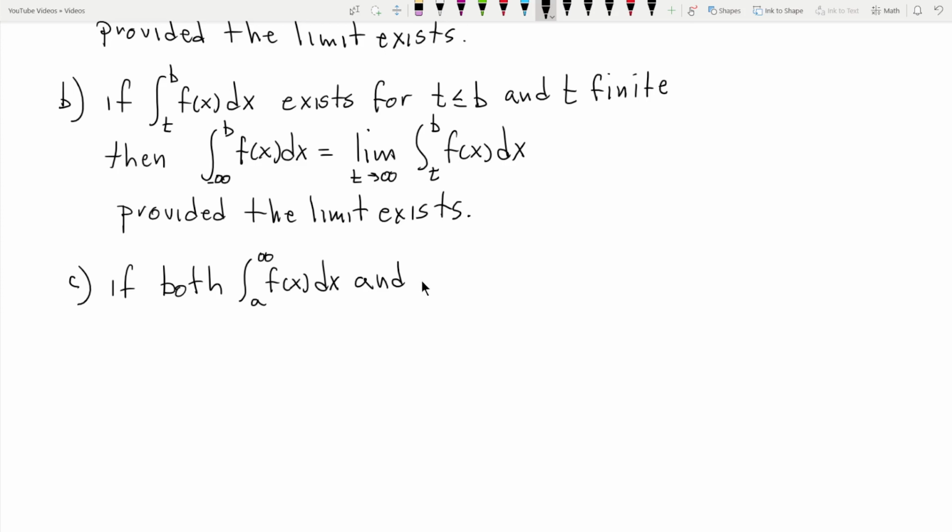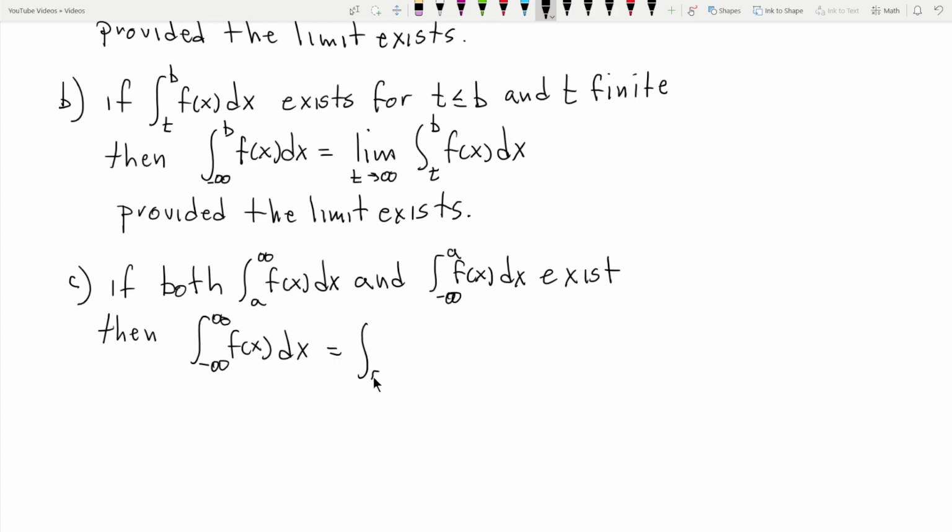I'm only doing the endpoints this time. And where was I? The antiderivative from negative infinity to a of f of x dx exist, then we can add them together. Then the antiderivative from negative infinity to infinity of f of x dx can be written as the sum of those two.